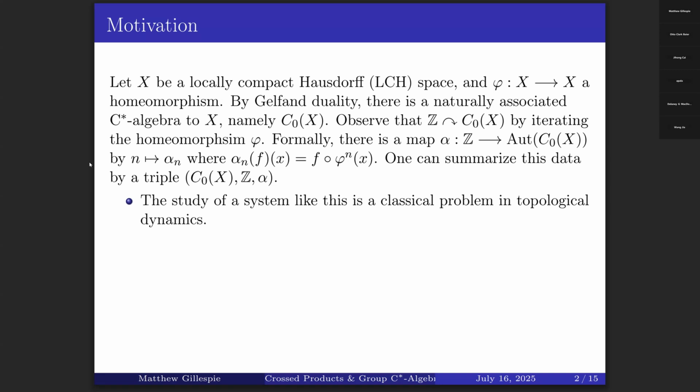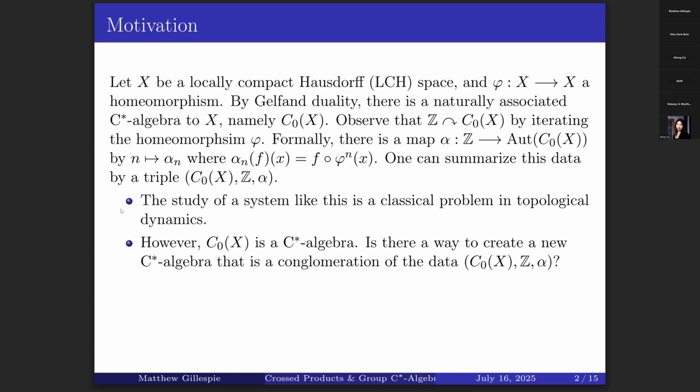For topological dynamics, I would have just the space X and the group action. The only difference is I'm replacing the topological space with its closest relative in the C-star algebraic sense, which is C0 of X. So this is basically just a problem in classical dynamics.